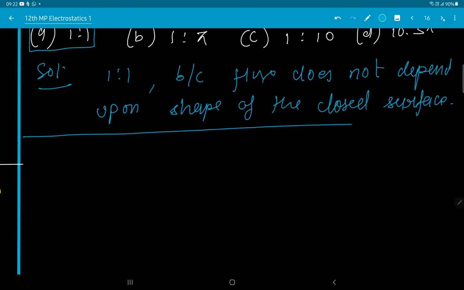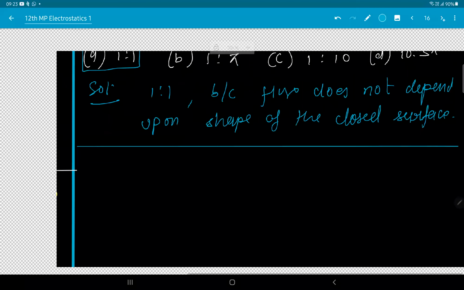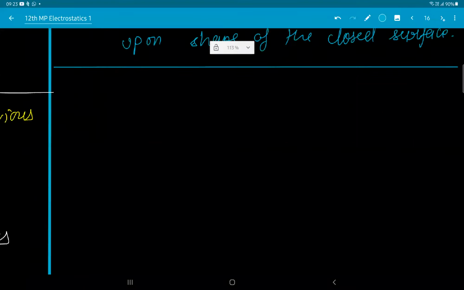Okay, so these are some questions which are generally asked in your competitive exams also regarding flux. Okay, now one more question.